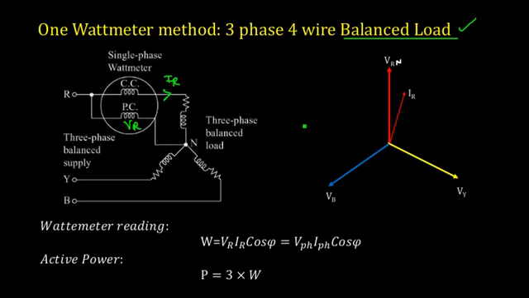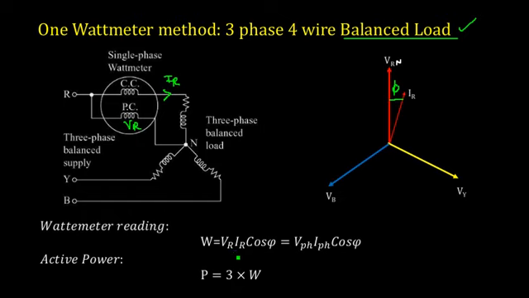The angle between these two is the power factor angle, because you have a cos phi condition. IR is lagging behind VR by an angle phi. So the wattmeter reading will be W equal to VR IR cos phi, or VRN IR cos phi.